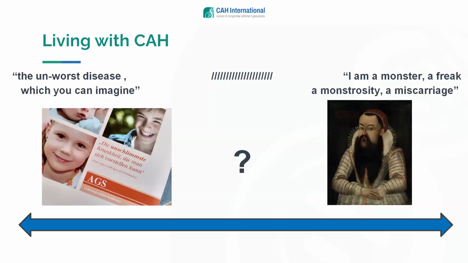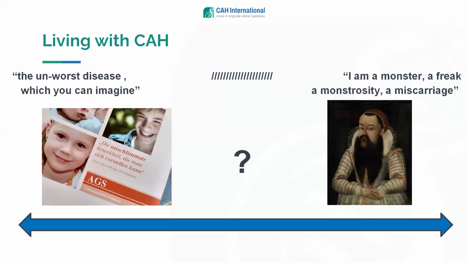On one hand, I have this quote from some German educational material from the German CAH group. On their brochure, it says in German, CAH, AGS, ist die unschlimmste Krankheit. I hope it translates well into English. It's the unworst disease you can imagine.